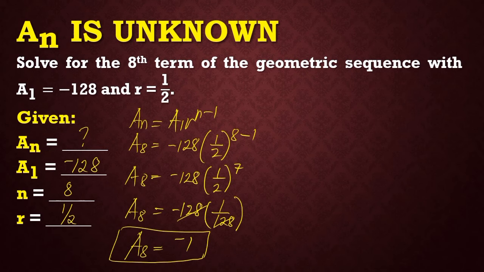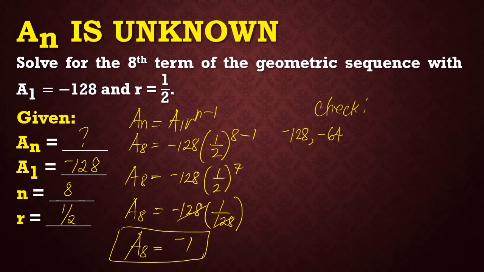So, to check, so yung first term natin is negative 128. And then, mag-multiply tayo ng 1 half, magiging negative 64. So, in here, yung ating common ratio ay fraction. Ibig sabihin, lumiliit yung ating terms.